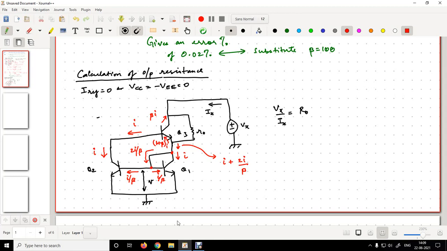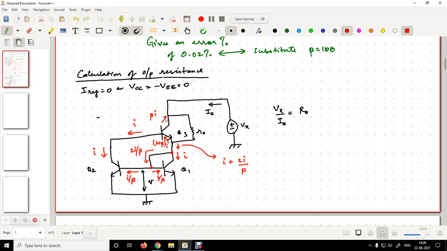Carefully analyze this a little carefully. Collector of Q2 is attached to base of Q3. So whatever collector current is flowing through Q2, that same current will flow in the base of Q3. So both of them will be I, and the directions also will be same, right?